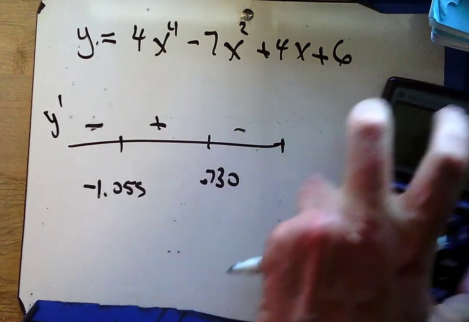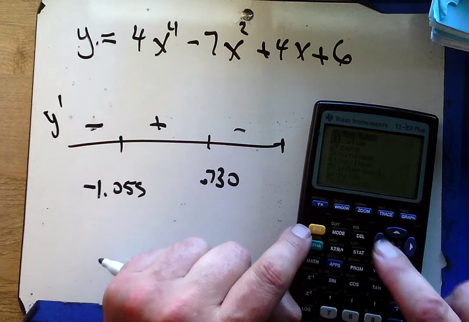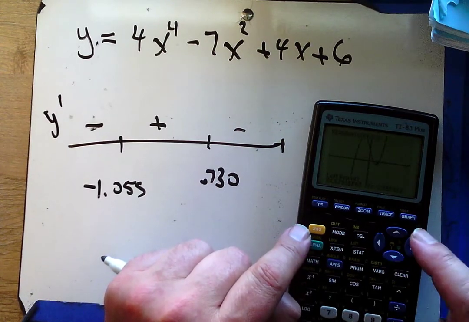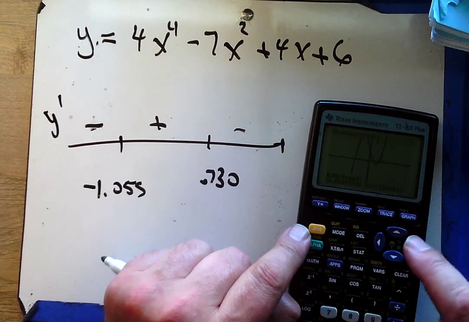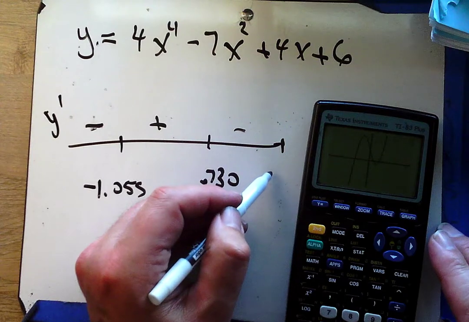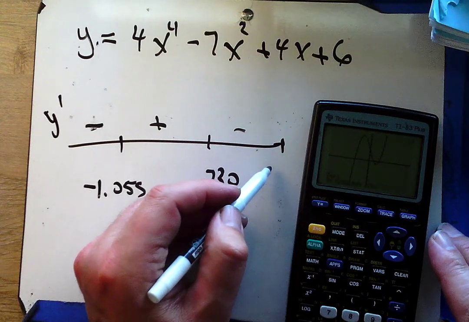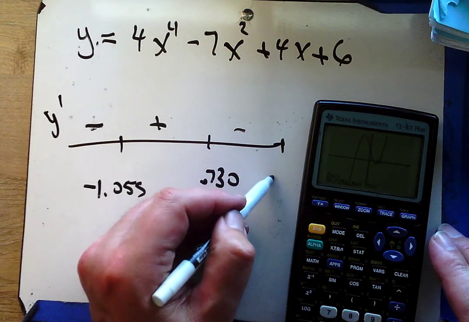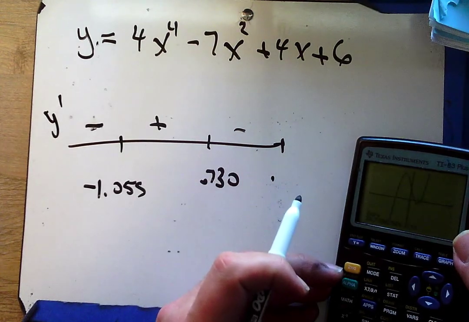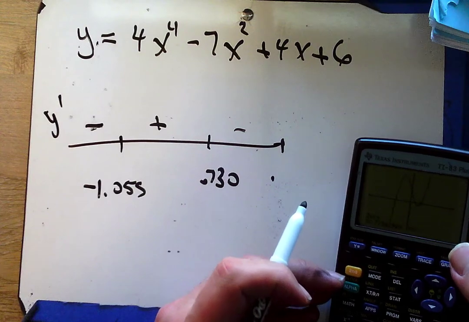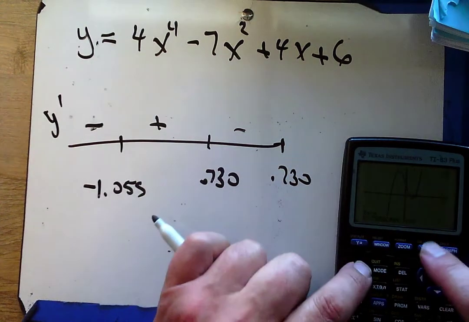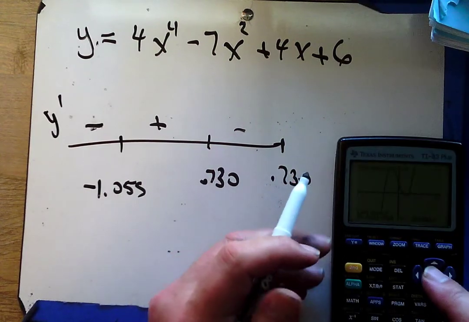Okay, and my third zero occurs at a point. Did you find the same one? I think I found the same one because I'm getting 0.730. I wonder if that one's right. Alright, well, let's just try again. The third one.